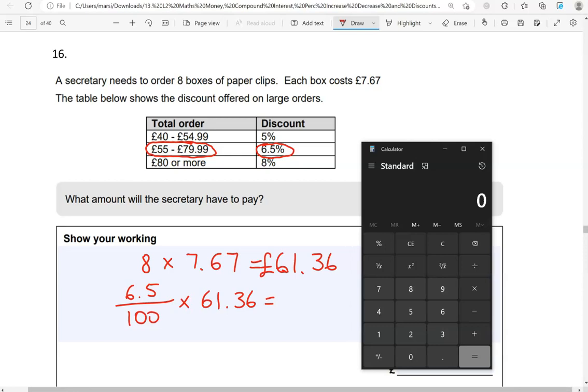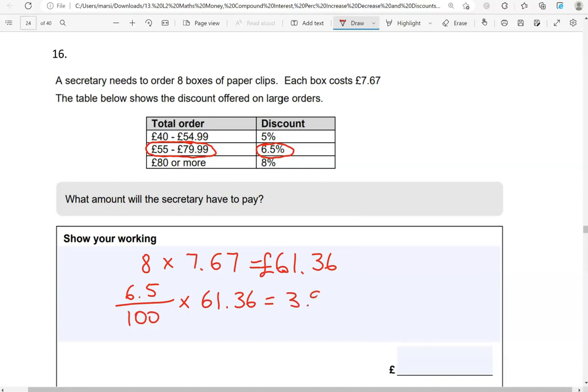So we'll do 6.5 divided by 100 times 61.36 gives us 3.9884. So that is a 3.99 discount, £3.99.